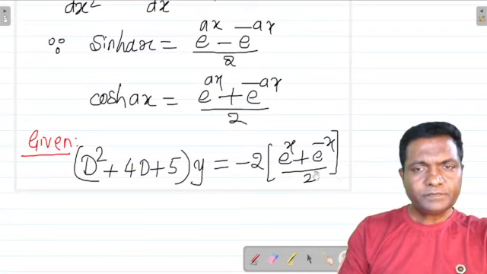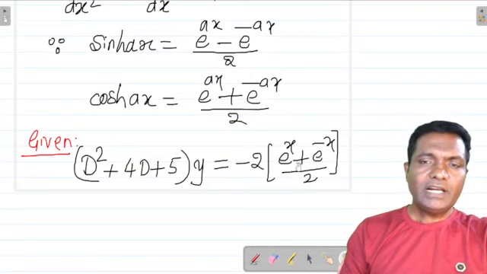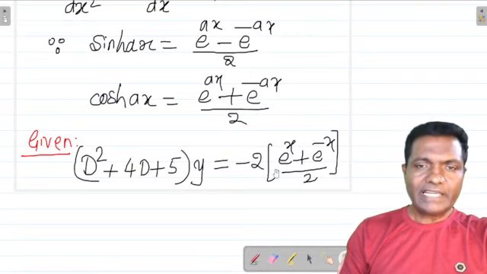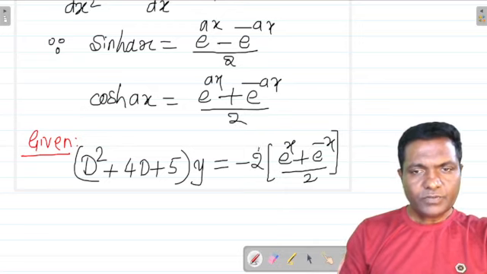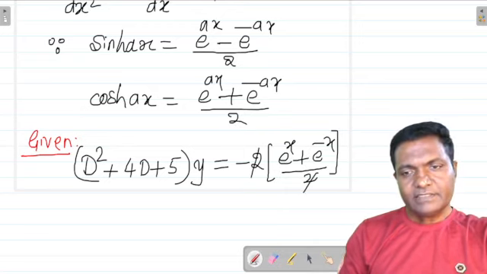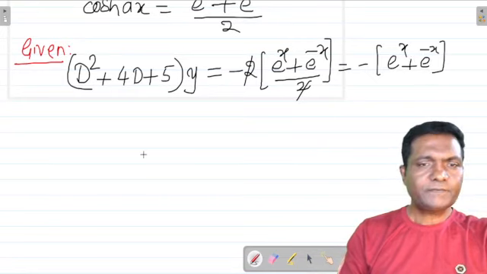Remember this: cos hyperbolic ax is e power ax plus e power minus ax by 2, and we have cos hyperbolic x, so a is 1 here. The 2s cancel, and you are left with minus of e power x plus e power minus x.